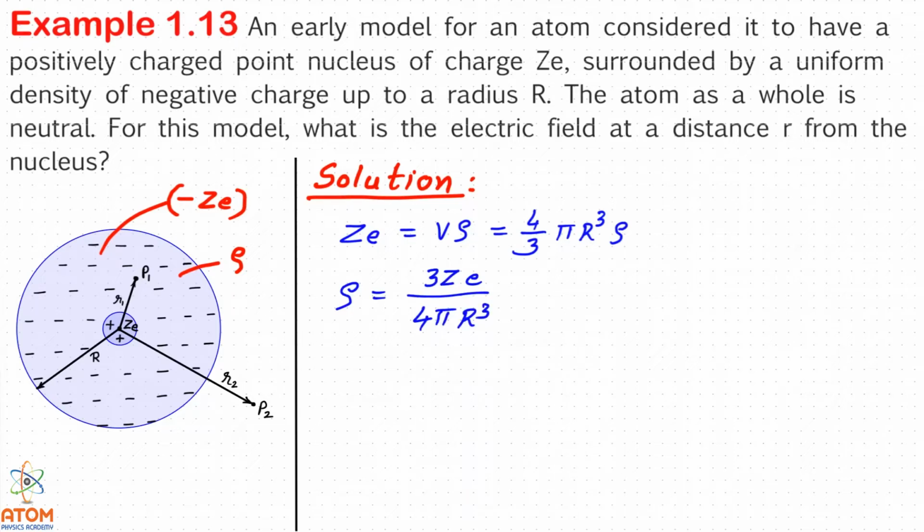Now using this, that is the charge density, we can find out electric field at these two points. The first point, as I said, is inside the atom, that is point P1 at a distance R1.